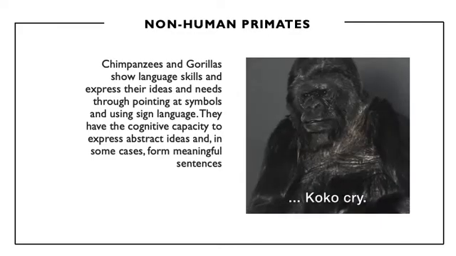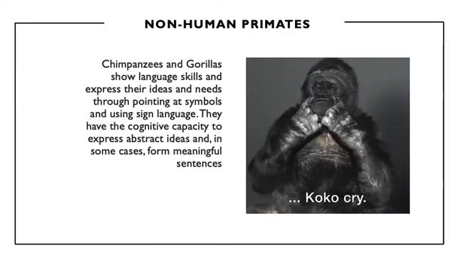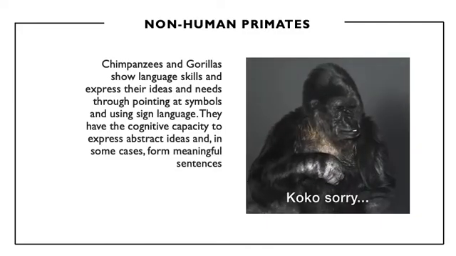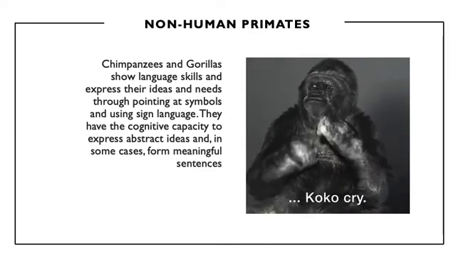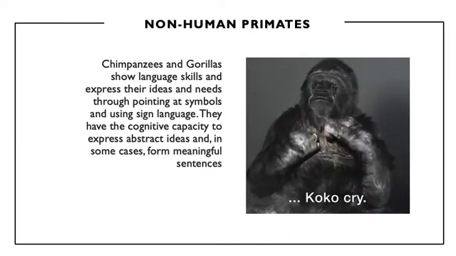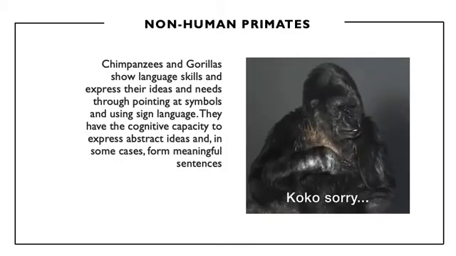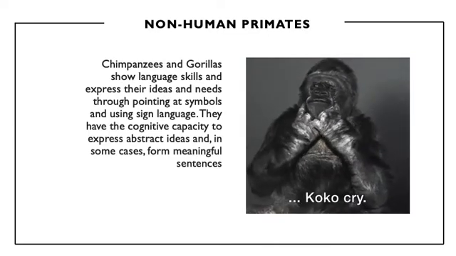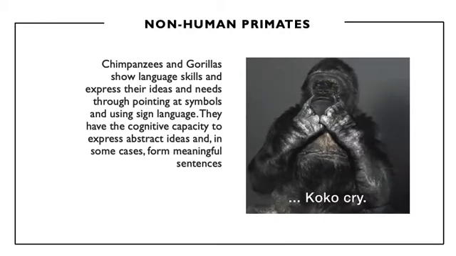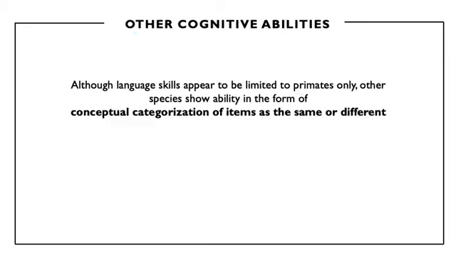Chimpanzees and gorillas show language skills and express their ideas and needs through pointing at symbols and using sign language. They have the cognitive capacity to express abstract ideas and in some cases form meaningful sentences. For example, this gorilla is called Coco. If you Google Coco, you can see a lot of videos of him doing sign language. That is in terms of communication.